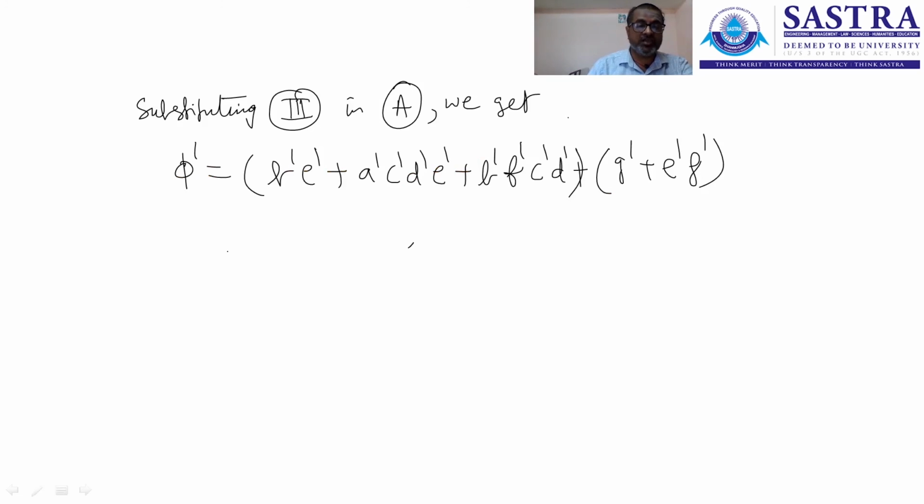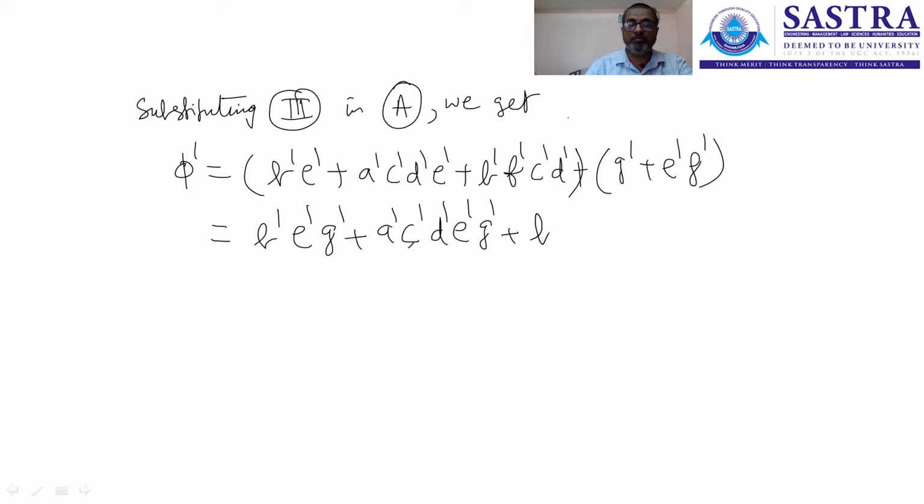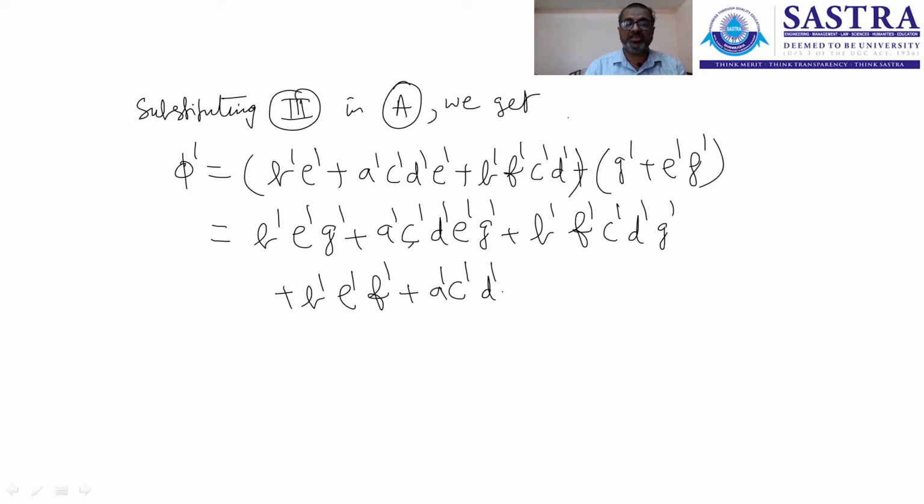Again I have to use the same operation and simplify this. I'll have B'E'G' + A'C'D'E'G' + B'F'C'D'G' + B'E'F', where B'E'E' gives you E', and the next term gives you A'C'D'E'F'.